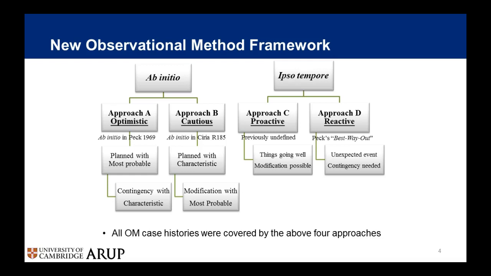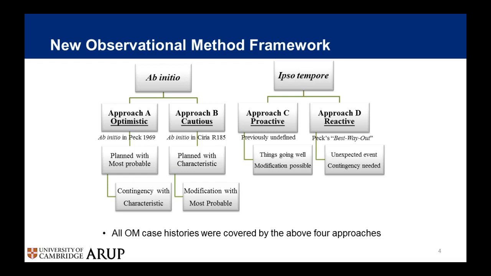In the new framework, there are two big branches. One is ab initio, the other is ipso tempore. It's just the opposite of ab initio, which means starting from the beginning. Ipso tempore tries to apply the observational method at the moment, which means that after construction has started, you still try to use it. Under ab initio, Approach A is more like Peck's ab initio approach, which means the design is planned with most probable parameters, and in parallel we prepare a contingency plan designed with the characteristic parameters under the cautious condition.